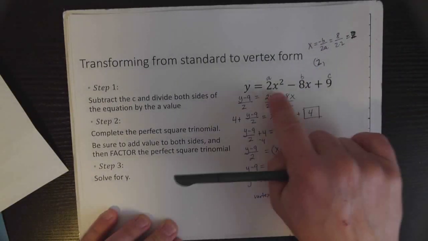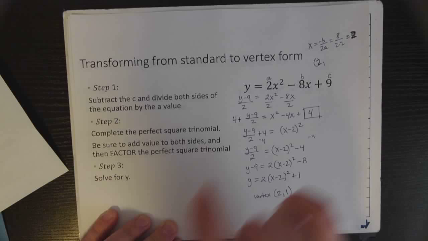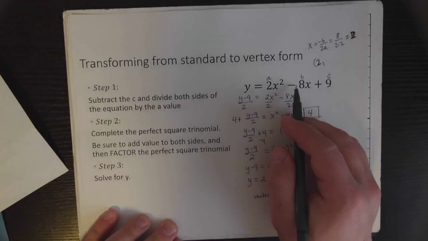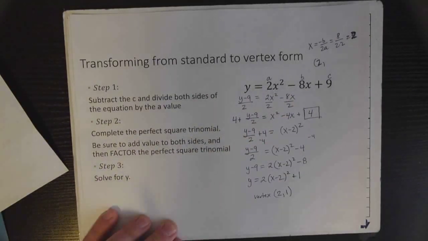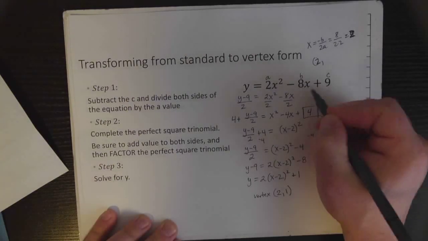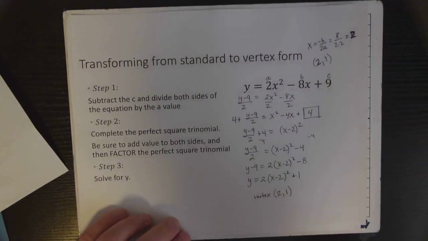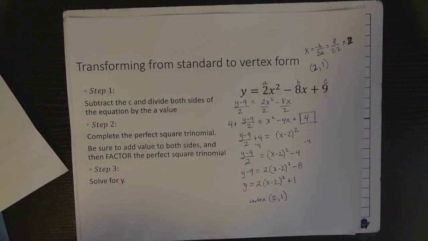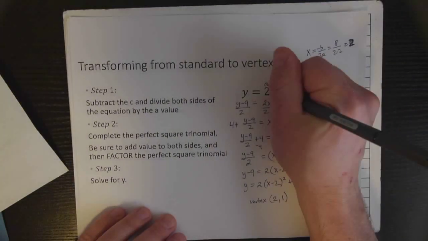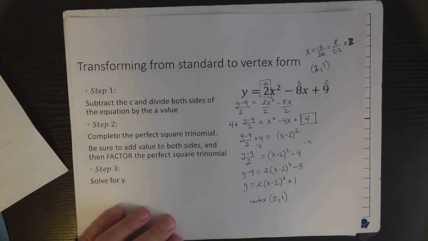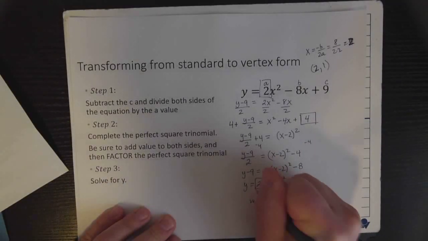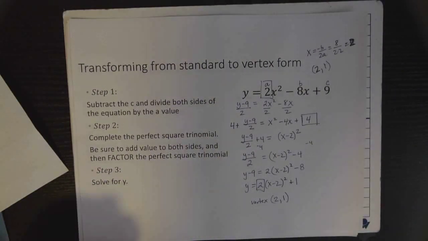And then if I plug 2 into my function, 2 times 2 squared is 8. 8 minus 8 times 2 is 8 minus 16, which is negative 8. Negative 8 plus 9 is 1. And again, we get the same vertex as if we were in standard form. Notice the a value in standard form is the same a value in vertex form.